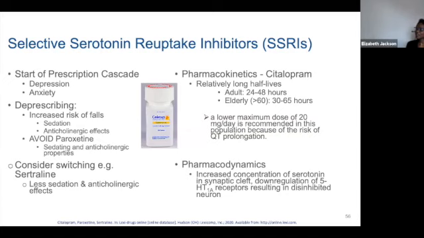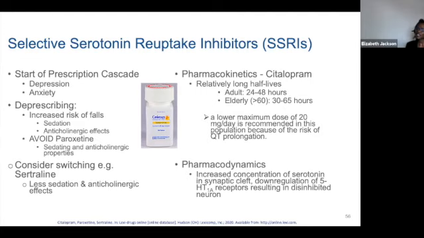So what are the pharmacodynamics of this drug? There's increased concentration of serotonin in the synaptic cleft, and there's downregulation of receptors resulting in a disinhibited neuron. What would be the reason for deprescribing this drug?